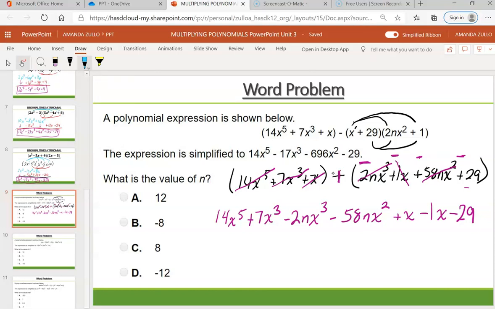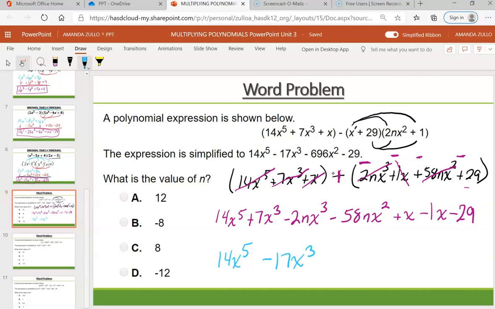So we have 14x to the fifth. That should go under here. We have negative 17x to the third. We have 2nx to the third, so I'm going to put it over here. And again, I couldn't combine these two because this one has an n.